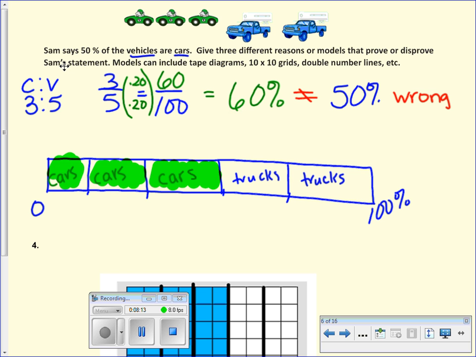So how am I going to label? What's 100 divided into 5 even sections? What's it going to be? Right. So this is 20%, 40%, 60%, 80%. So what percent are cars? 60%.